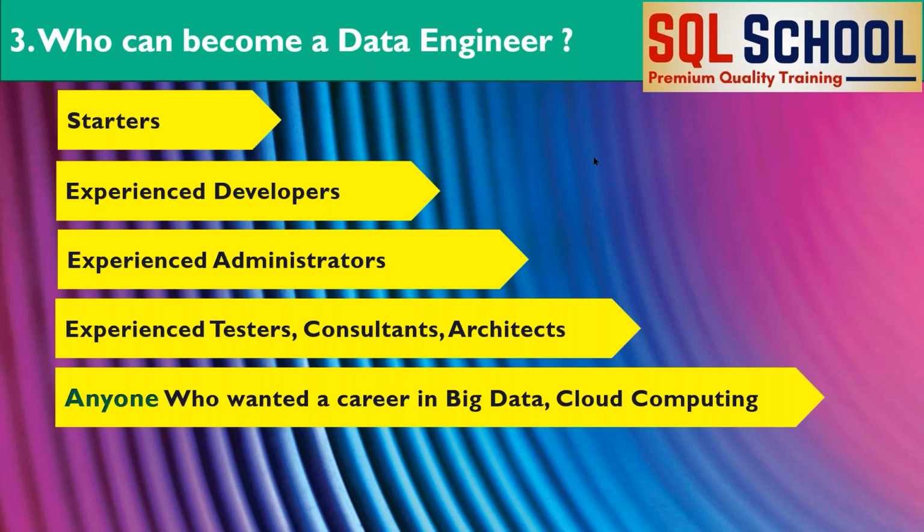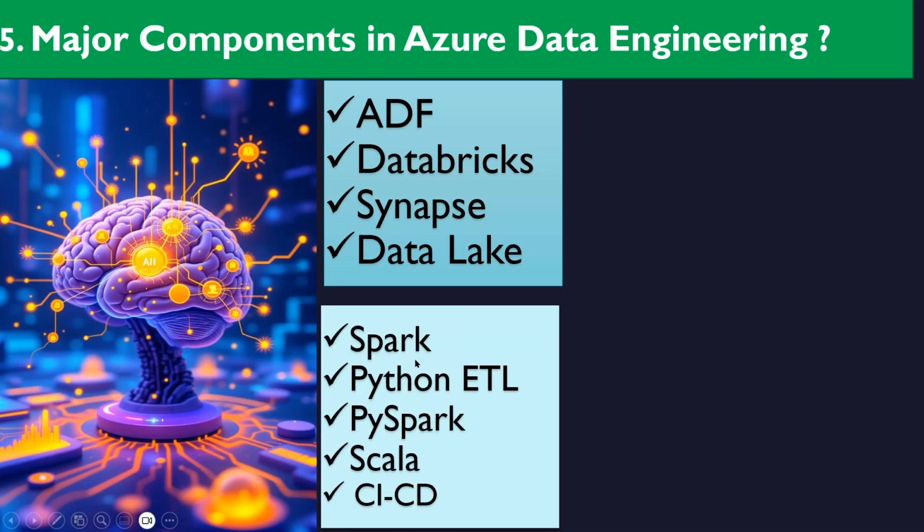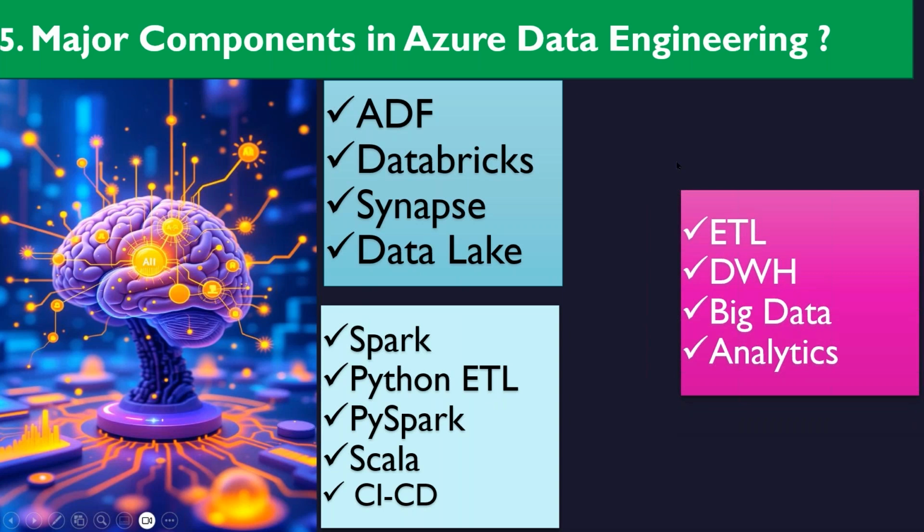In our data engineering activities, we have 4 major components: Data Factory, Databricks, Synapse, and Data Lake, with Spark, Python, PySpark, Scala with CI/CD, continuous integration and continuous deployment concepts, to implement ETL, extraction, transformation, loading, to implement data warehouse, big data and analytics.